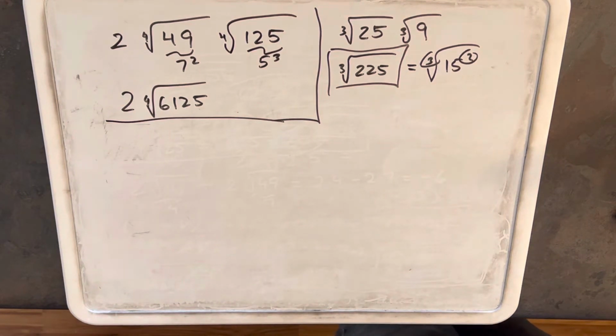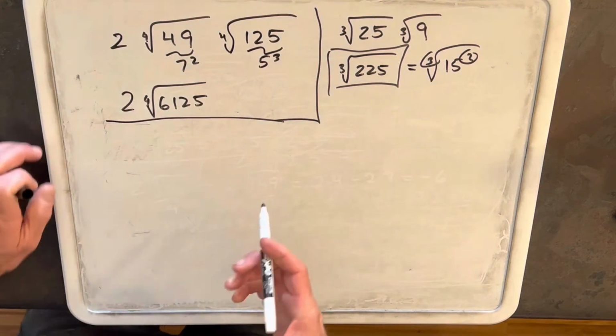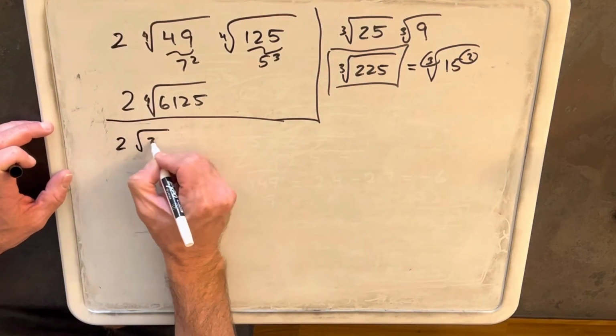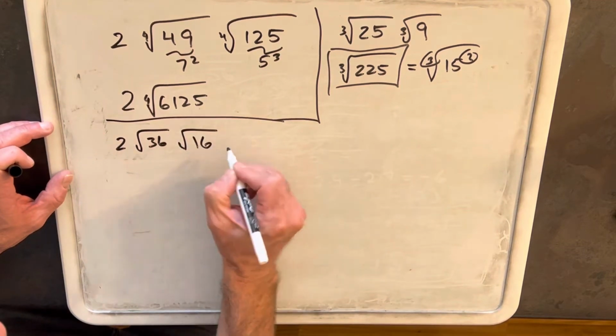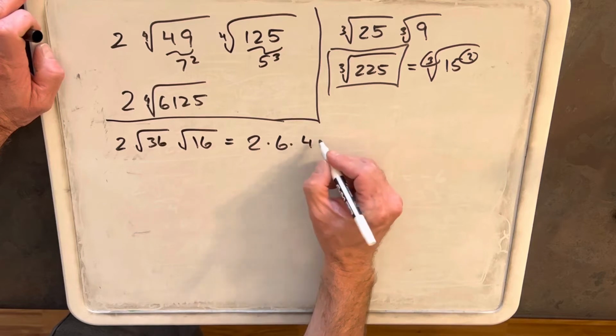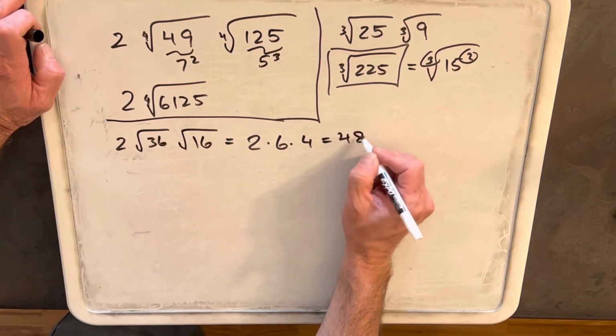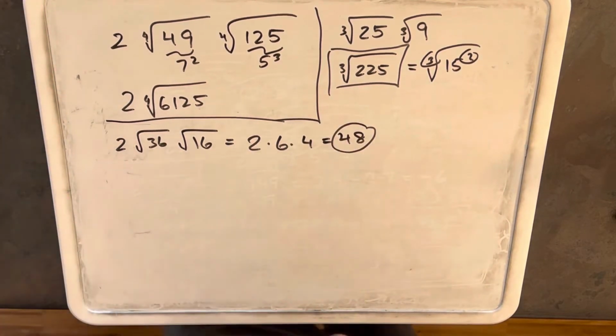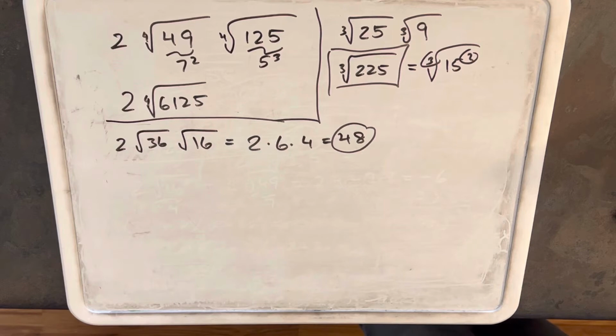Yeah, that's right. Okay, next we have 2 times the square root of 36 times the square root of 16. That's just 2 times 6 times 4, 48. Pretty straightforward. Let's see how long it takes for me to make a mistake. So far I'm 10 for 10.